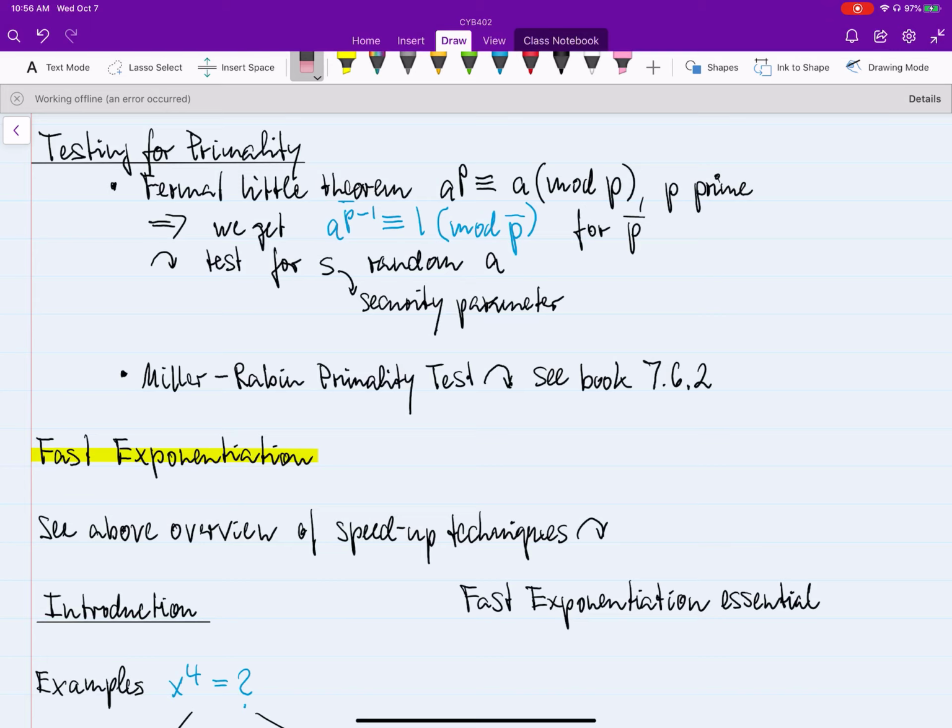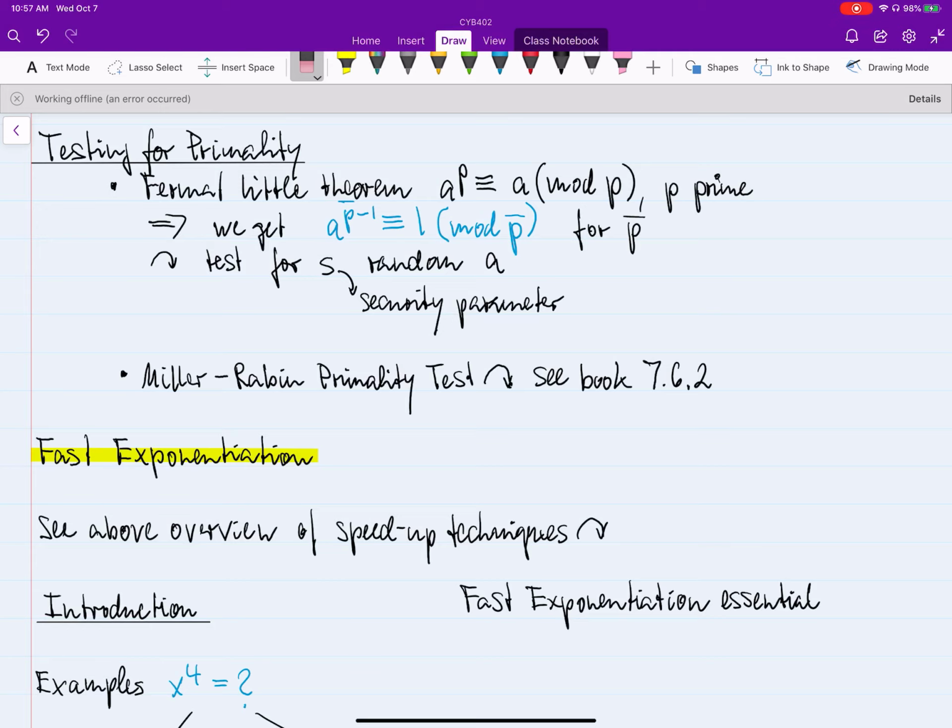But there are numbers out there that are composite numbers and actually do fulfill Fermat's little theorem. So that's unfortunate because Fermat's little theorem, that's what it means, cannot be used in the general case for testing for primality.